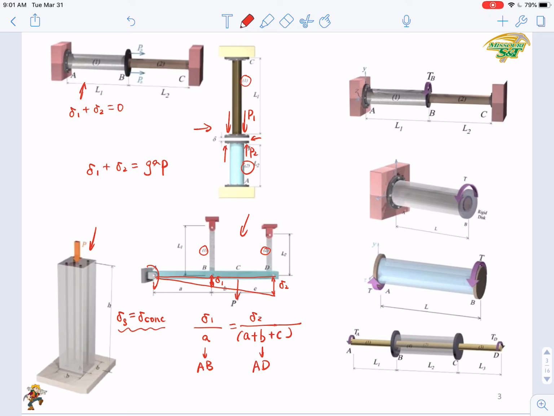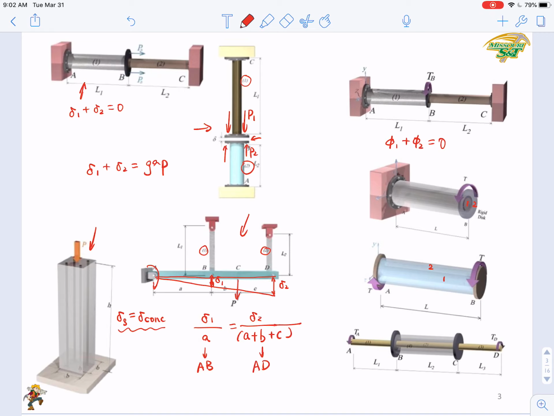On the right hand side, we have 4 cases of indeterminate torsional systems. The first case we already analyzed, so you can write phi 1 plus phi 2 equals 0. And the next 3 cases as shown here are actually very similar. In the first case and the second case, you have a core. Let's just say the core is 1 and the skin is 2. Here also the core is 1 and the skin is 2.